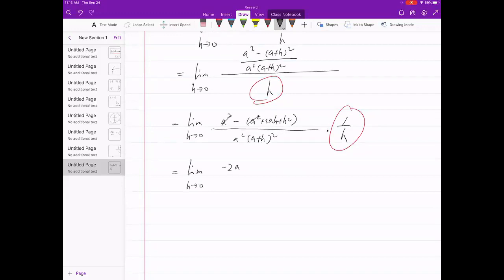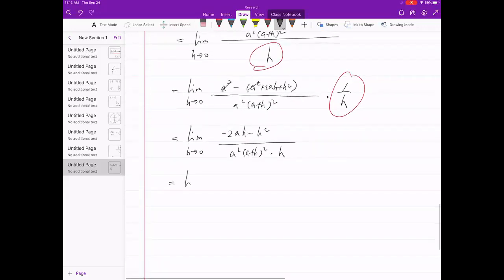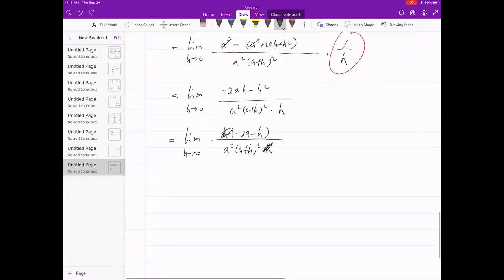You have negative 2ah minus h squared on the top, and another h at the bottom. a squared (a plus h) squared. The top now has h times (negative 2a minus h). You have h, they cancel each other. Negative 2a, with h at 0: negative 2a over a squared times (a plus 0) squared.